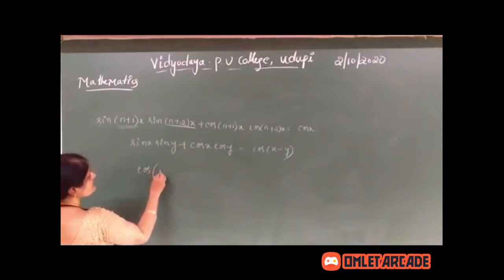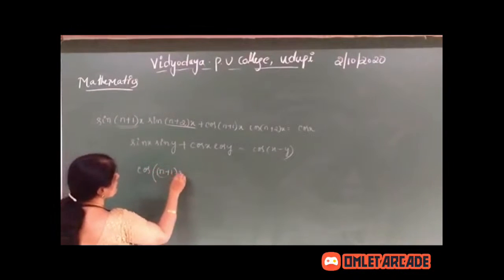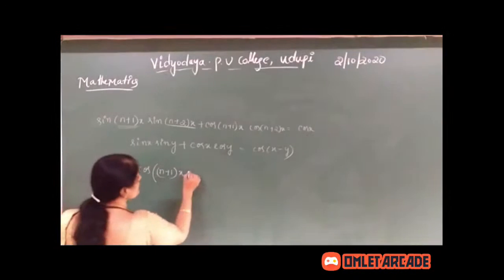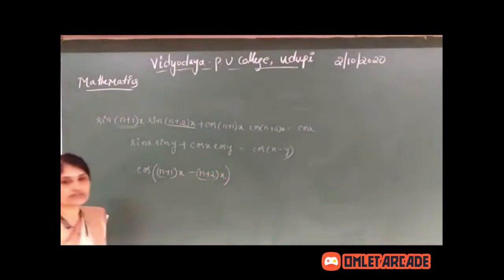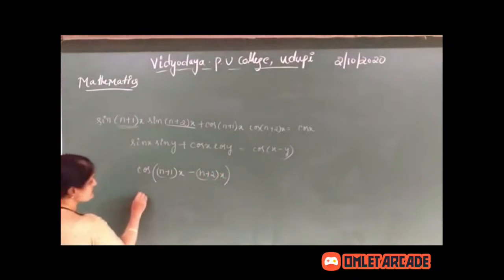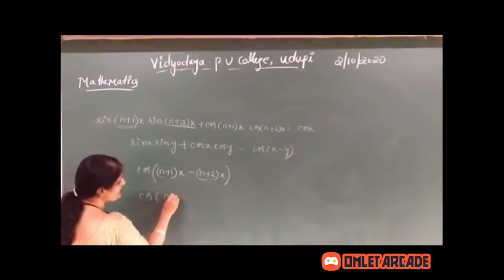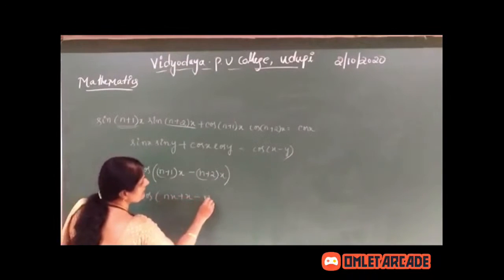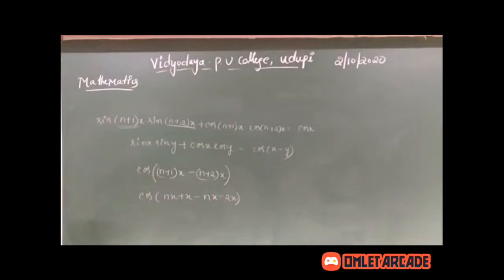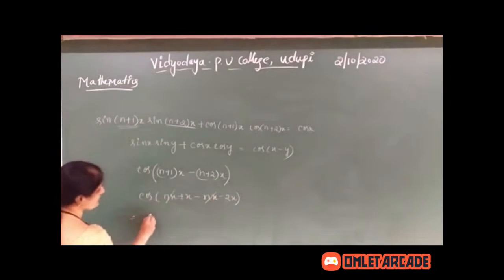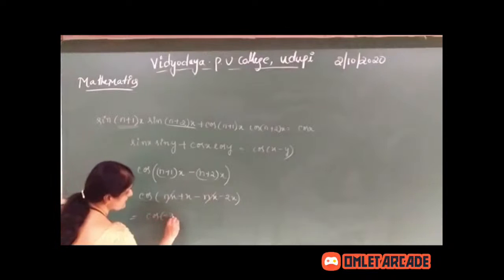This is cos of (n plus 1)x minus (n plus 2)x. Clear? So it becomes, removing the bracket, nx plus x minus nx minus 2x. Cancel these two and we get here cos of minus x.